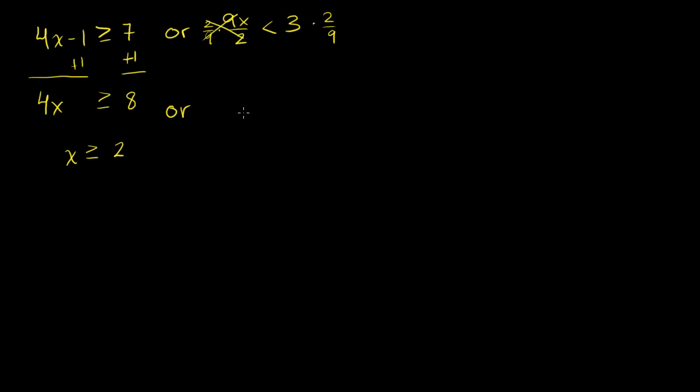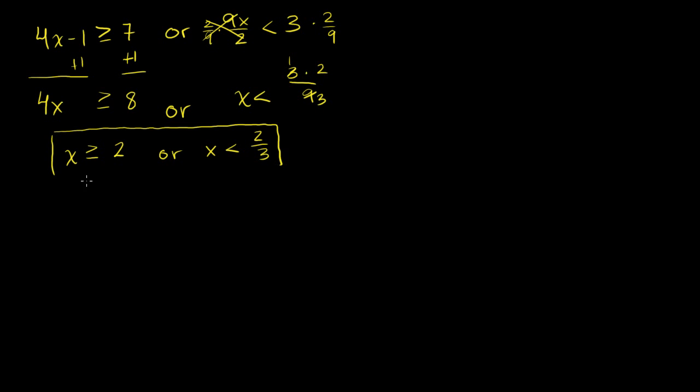These cancel out, and you get x is less than 3 times 2 over 9. 3 over 9 is the same thing as 1 over 3. So x needs to be less than 2/3. So that's our solution set. X needs to be greater than or equal to 2 or less than 2/3.